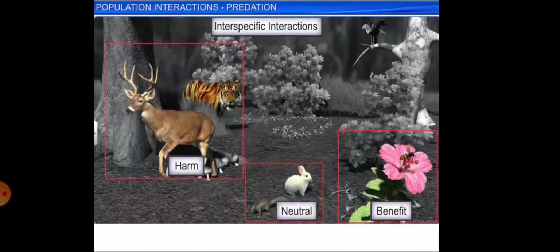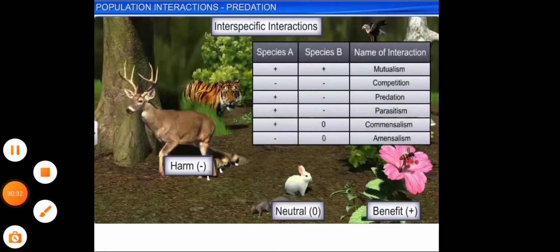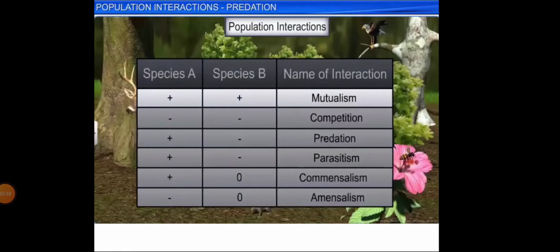Using a plus sign for beneficial interaction, a minus sign for detrimental or harmful interaction, and a 0 for neutral interaction, the possible outcomes of interspecific interactions are shown in the table. On the other hand, if both species lose out during the interaction, it results in competition.